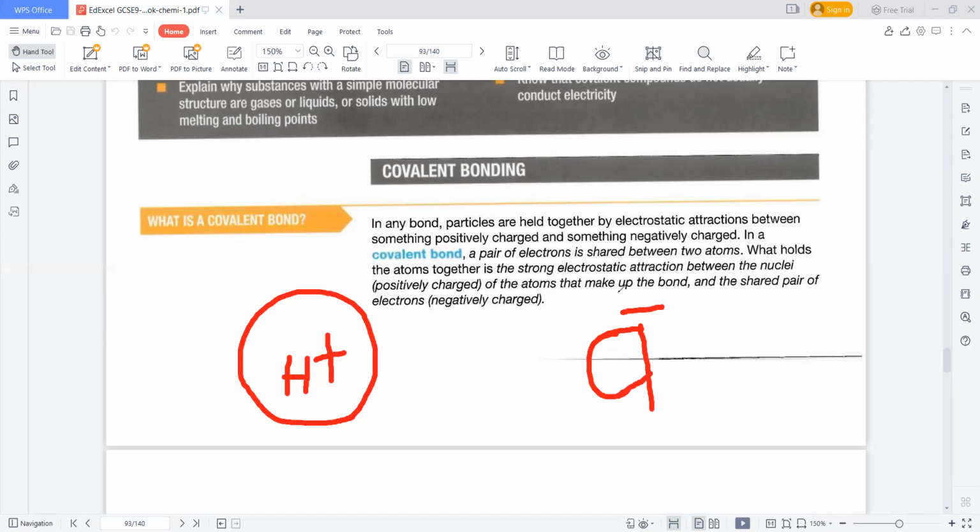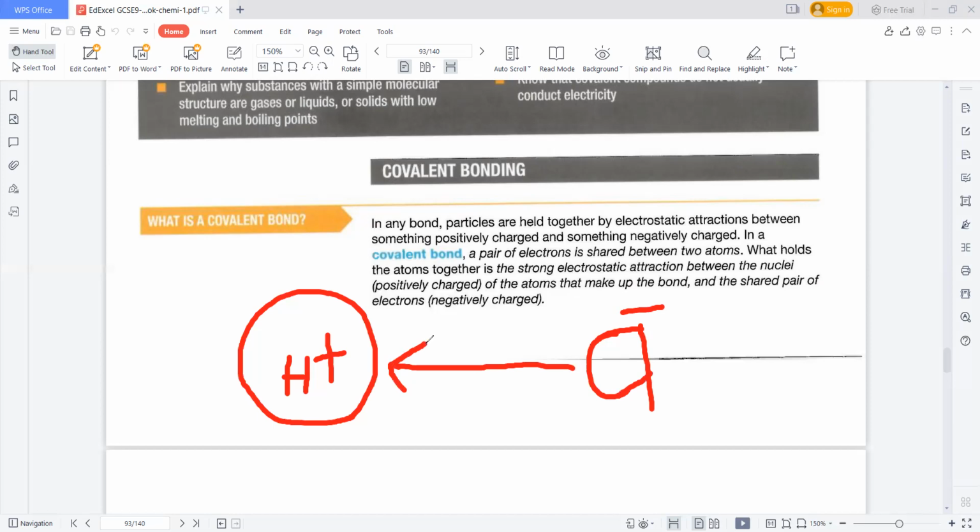So they are saying that the electron of the negatively charged group will develop electrostatic attraction between the nuclei and the outermost electron of an element.